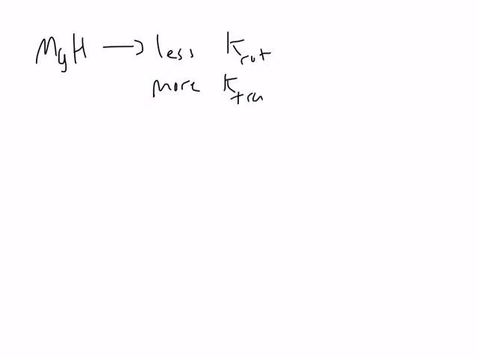So if it has less rotational energy, but energy is still conserved, right, we still have only energy mgh available, then this is now going into less K rotation, so it must go into more K translation. And so therefore v must be larger.